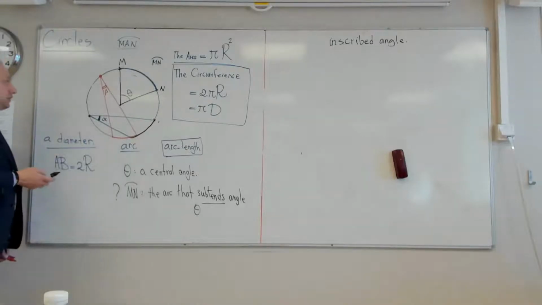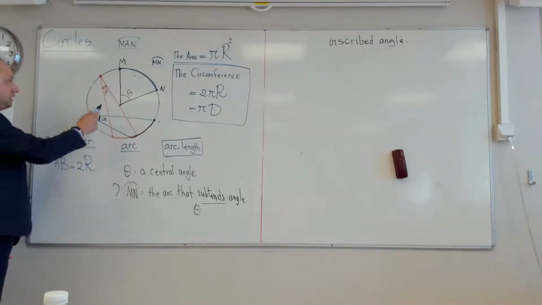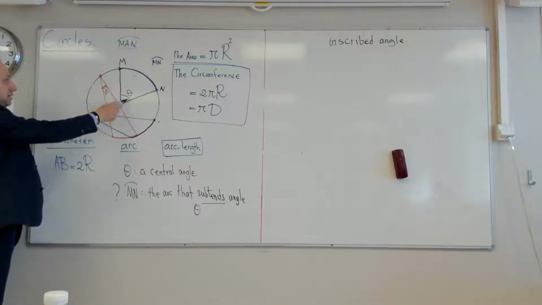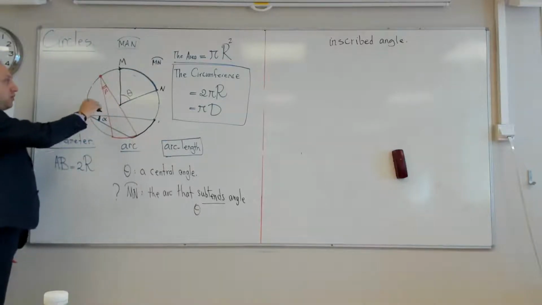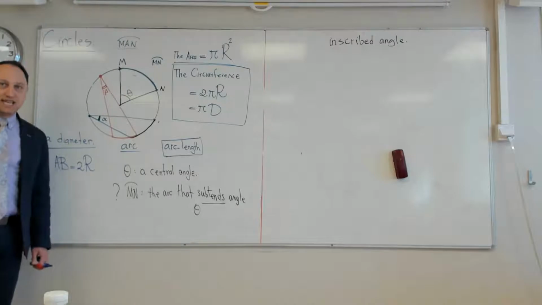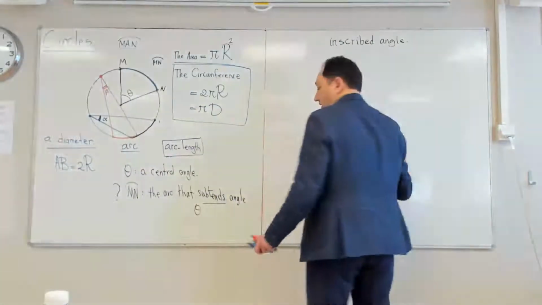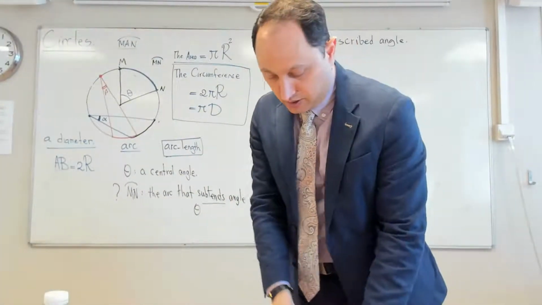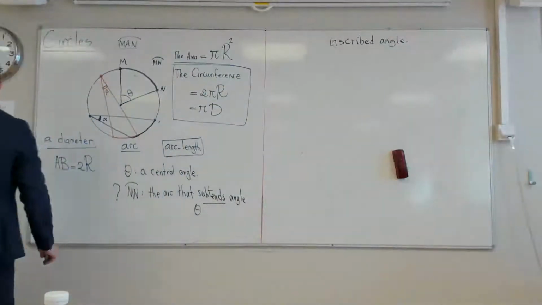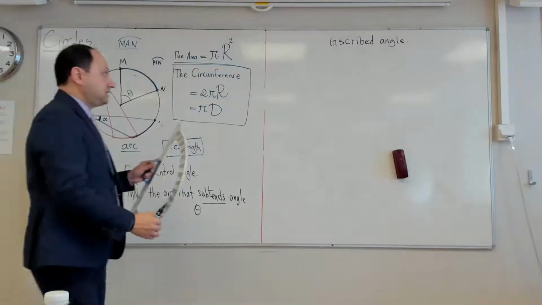But today we want to discover the relation between a central angle and an inscribed angle, both of them subtending the same arc. So what does it mean? Let me draw another picture here for you. This is the lesson today.